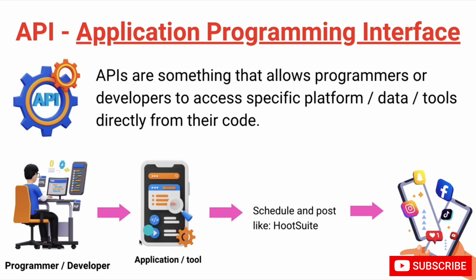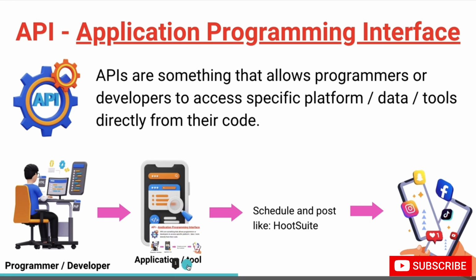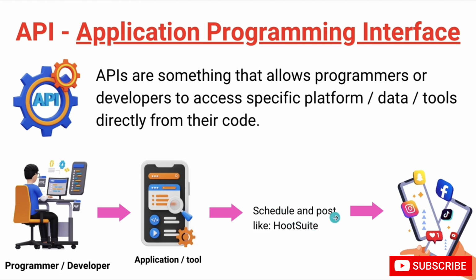Like this tool, he wants to create his own application, and after he creates it, he will sell it to the public. The public can purchase his application and use the schedule and post features. That is the developer's point of view. That's how programmers or developers work, and they create applications and tools.